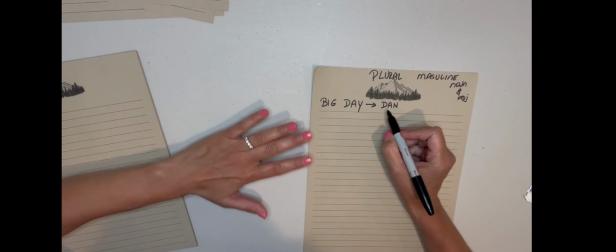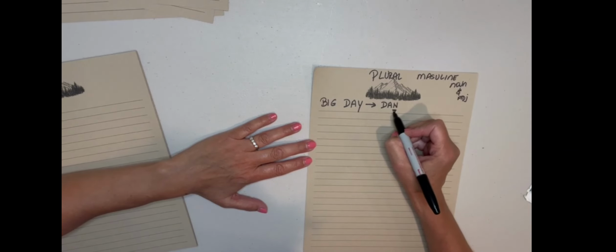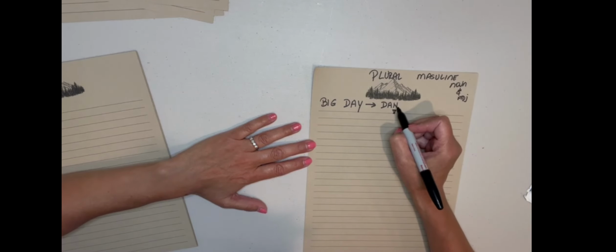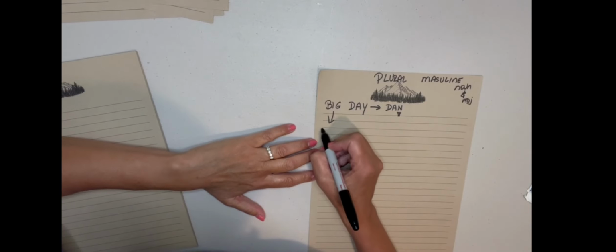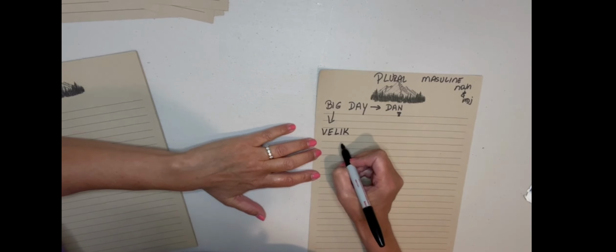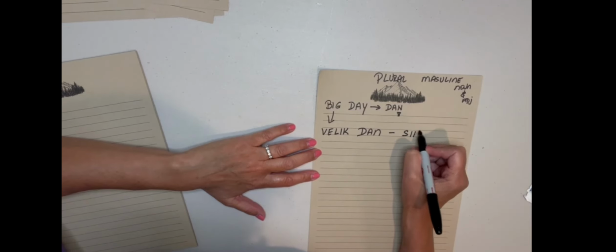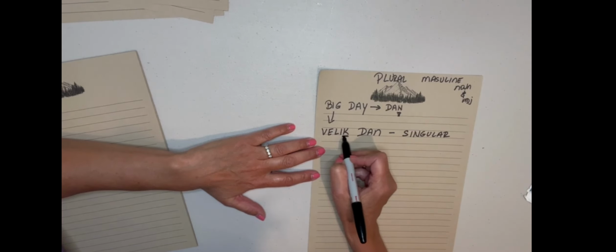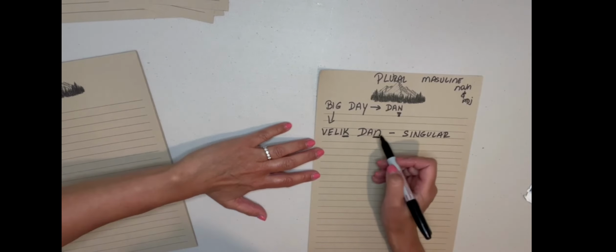So if I had to guess if this is masculine, feminine, or neutral, I would choose masculine because it ends in a consonant. Okay? And this is singular. So if I wanted to say a big day, we had a big day in Belgrade today, and it was so fun. The word for big, again, is velik. And the word for day is dan. And so I'm going to say, this is my singular velik dan. Velik, this adjective is singular, it's masculine, it ends in a consonant. This noun is singular and it ends in a consonant.